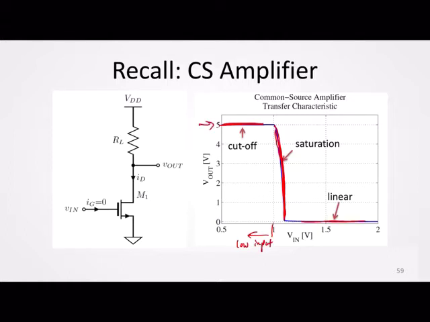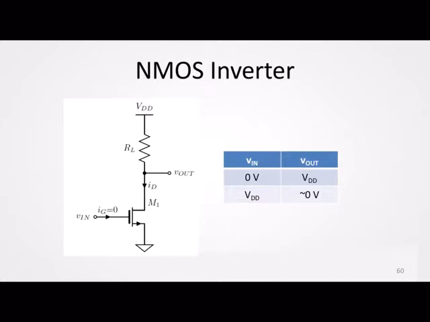And then the region when the MOSFET is in linear, these would be our high input voltages, and we get an output that is very close to 0. Okay? So that's our inverter for NMOS logic: the common source amplifier, but toggling between cutoff and linear modes of operation.